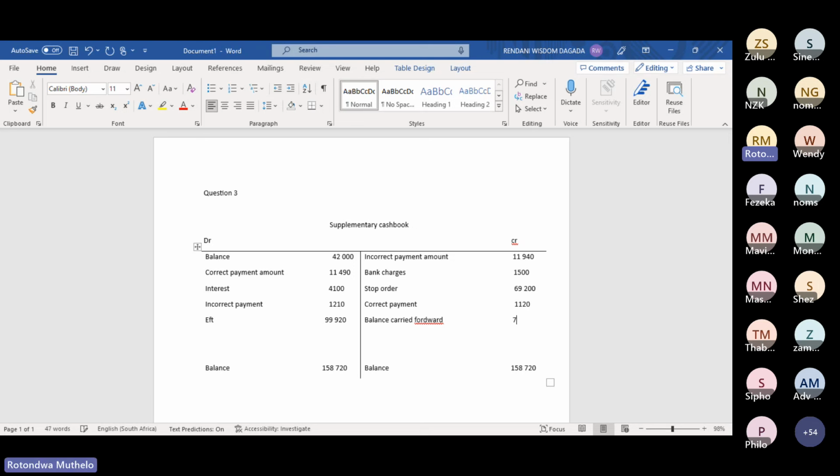It's 74,960. So now when we calculate both sides, we're gonna see that the amounts are balancing. When we add all the amounts on the credit side, they're gonna be equal to 158,720, and on the left side also, they're gonna be equal to that. So now this thing is balanced.